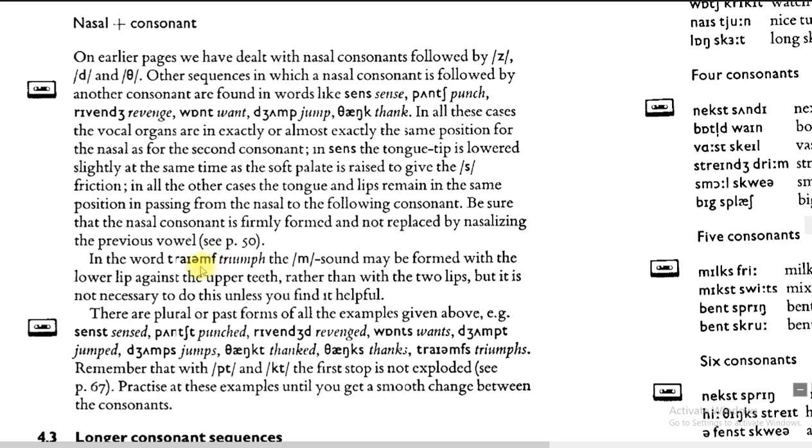So you might change the place of articulation for m to approach the f sound, to make it similar to the f sound.